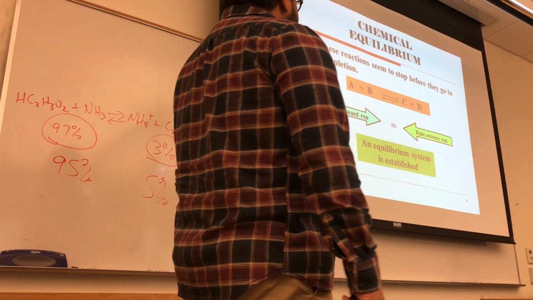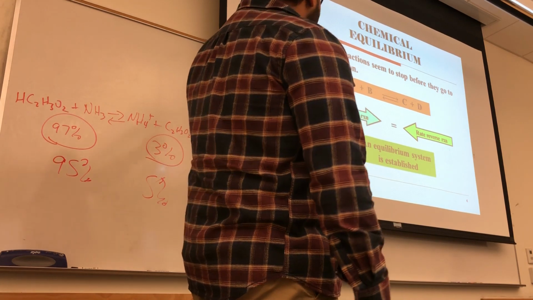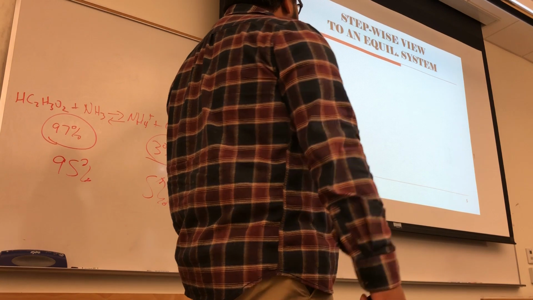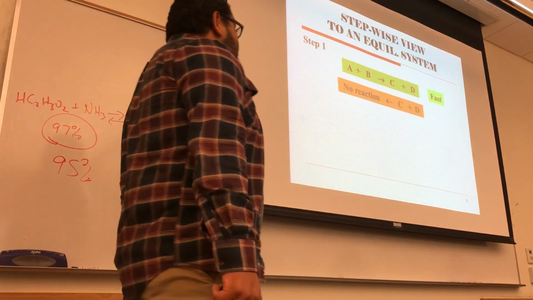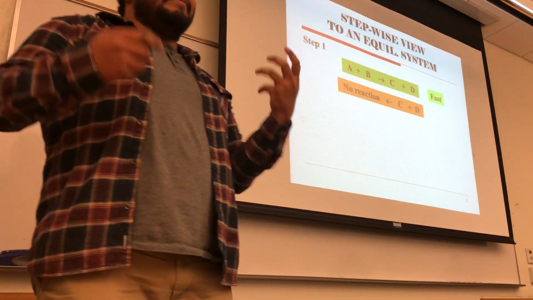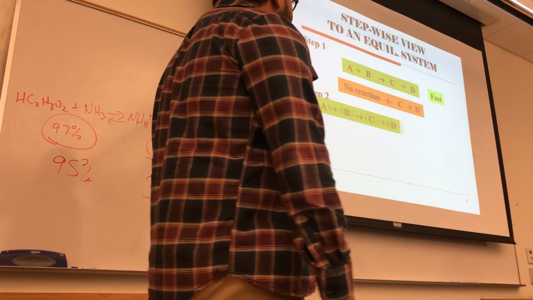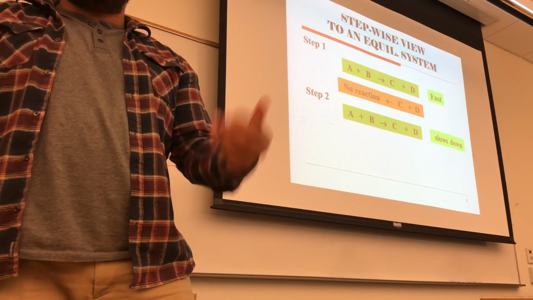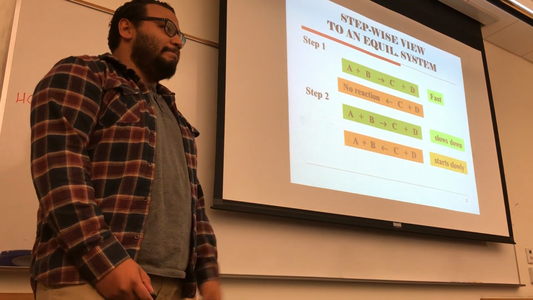So what we're going to talk about is how to quantify that. There's going to be a stepwise process. Starting out, all we're going to have is reactants, a high concentration of reactants. But we're not going to have any reaction going in the reverse direction because we've yet to make any products. That's all that means. Step 2, we're going to start to lose reactants because we're using them up, we're wasting that fuel, and we're starting to build on our product side.